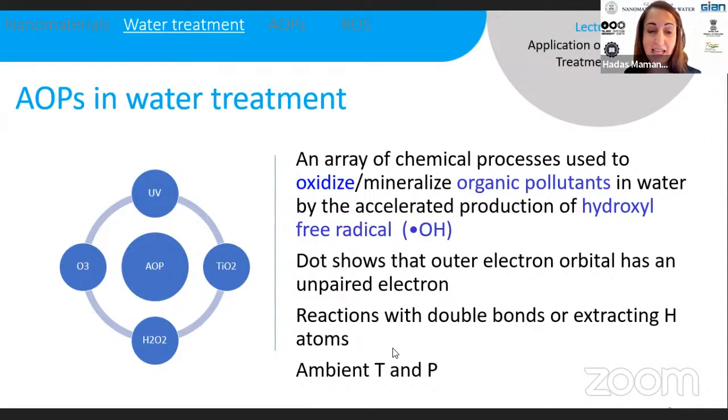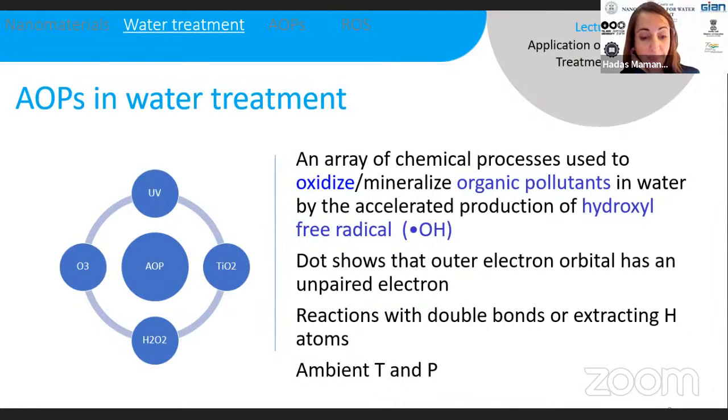And in many cases, the AOPs are done at ambient temperature and pressure. So the AOP radicals are very effective in destroying organic chemicals because they are reactive, and they also prefer electrons, okay?